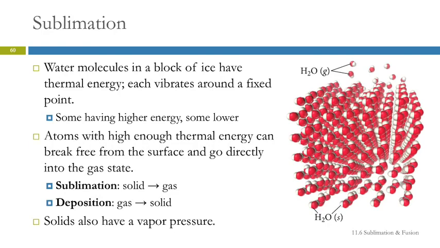So solid substances also have vapor pressures. Their vapor pressures are much lower than liquids, but they do have vapor pressure because anytime you have a substance like this, like water, in the solid state, you also have some water in the gas state above it.